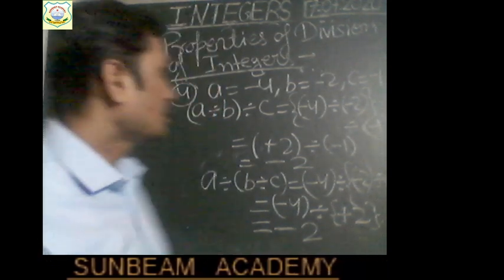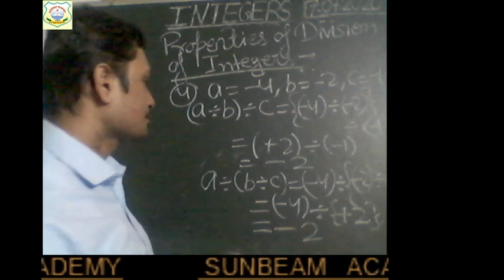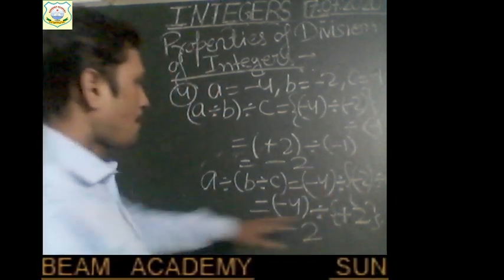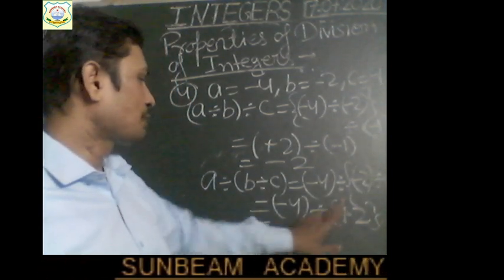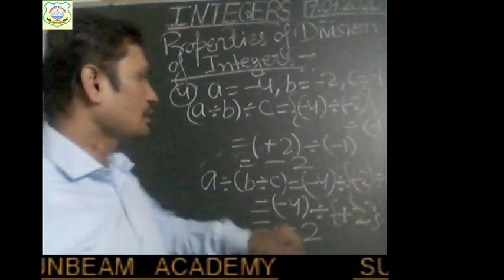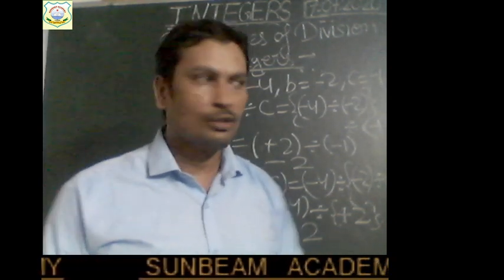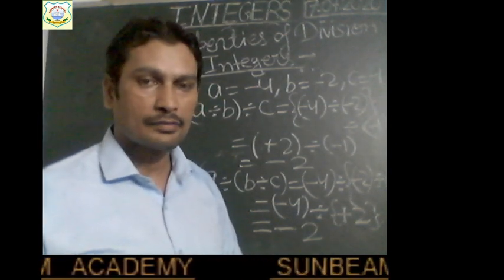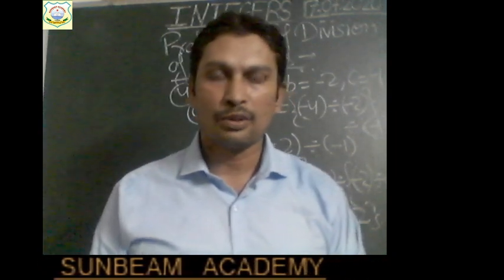So what have we seen? Here minus 2 was divided by minus 1, we had got plus 2. Minus 4 divided by plus 2 will give minus 2. In both the cases, the result is the same. But it is just because the value of c is taken as minus 1. But if we take some other value of c, then this result will not be true.